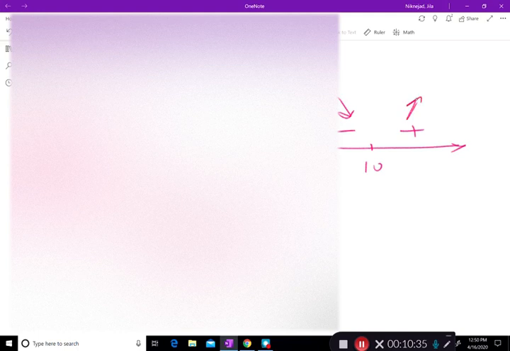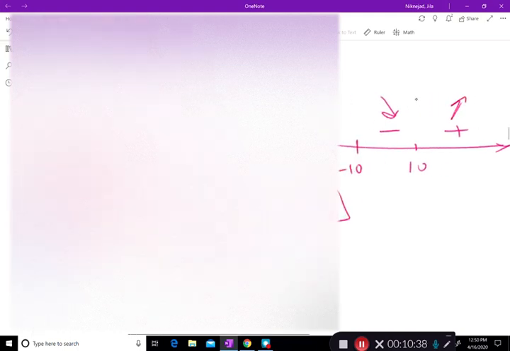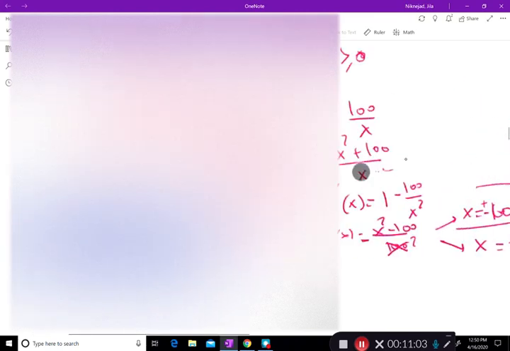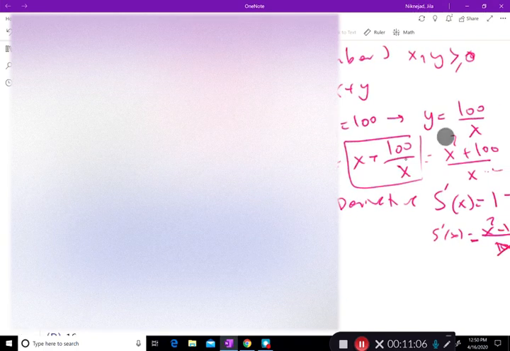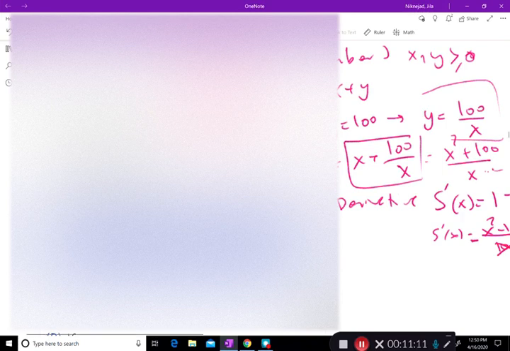So here is what happens at 10. We have the minimum value for the sum, obviously, because negative 10 is not in the domain. So the domain is just x bigger than 0, and over x bigger than 0, we see that we have a minimum at 10. So x equal to 10, and then we solve for y, and y is going to be 10 also. So 10 and 10 are the answers.